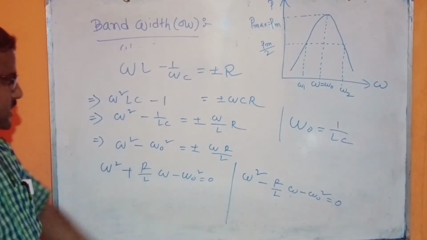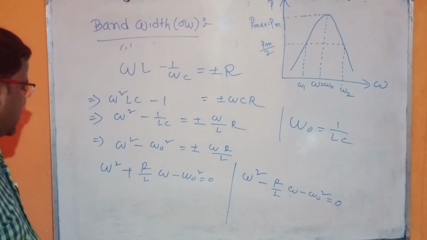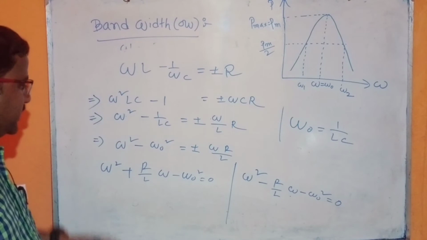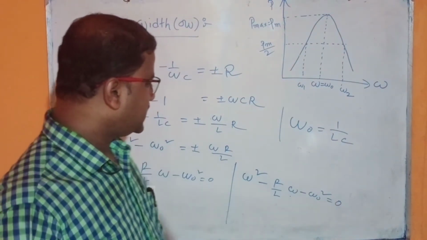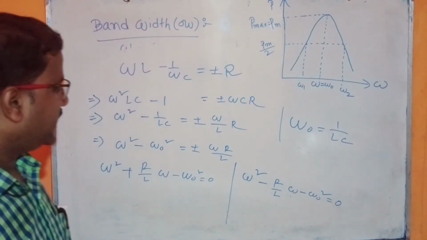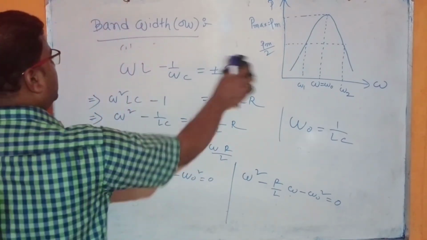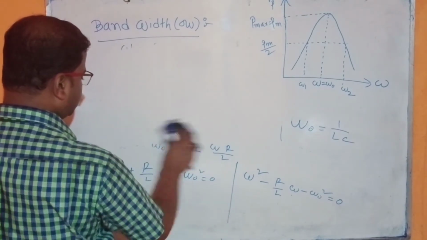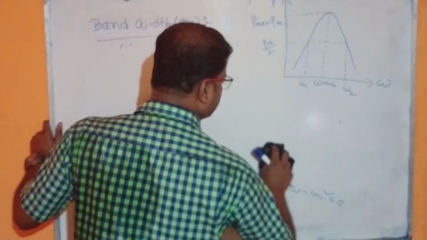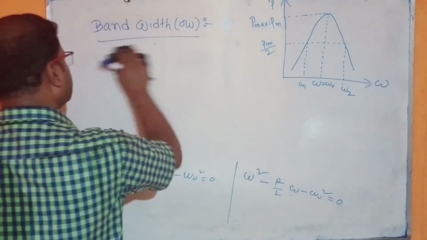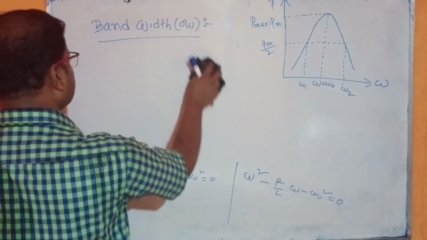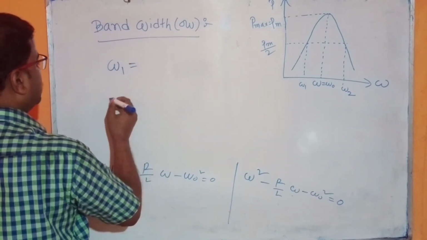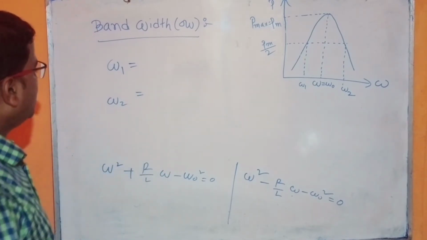These are two quadratic equations of omega. From each equation we get two roots of omega. Here we write only the allowed roots. The allowed roots are omega 1 and omega 2.